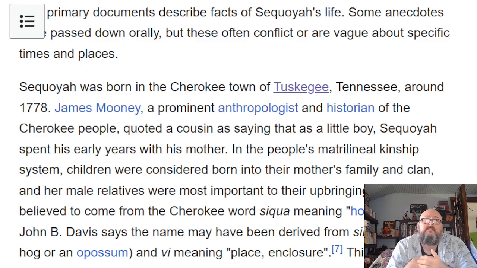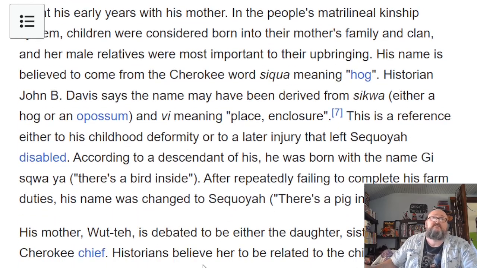His name is believed to come from the Cherokee word sika, meaning hog. Historian John B. Davis says the name may have been derived from Sequoyah, either a hog or an opossum. I'm so used to just calling it a possum instead of an opossum. And yi, meaning place or enclosure.